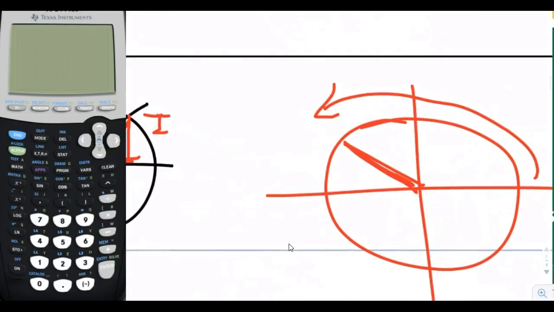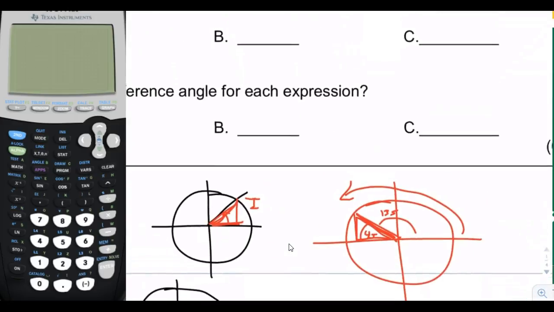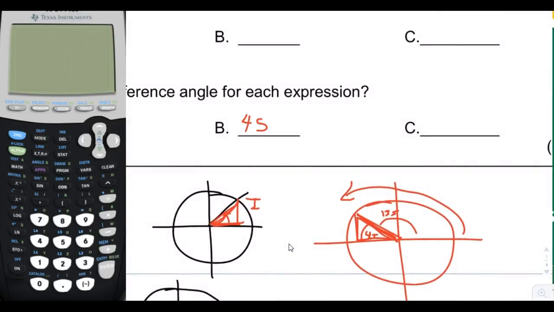Now, if this is 135 degrees here, how much is left here? Well, you could do 180 minus 135 degrees, which would be 45 degrees. It turns out that our reference triangle has an angle of 45 degrees. Okay? So this would be 45 degrees.